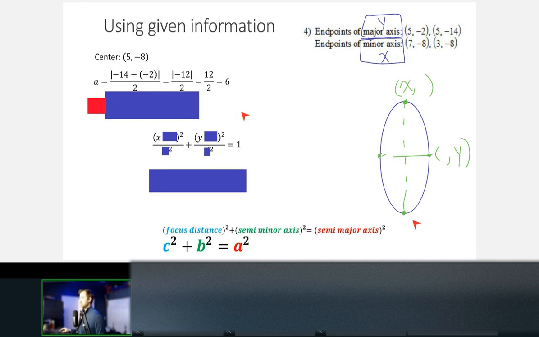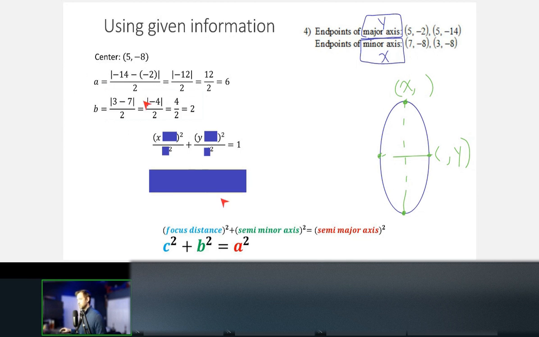All right, and the same thing for the minor axis. The y values are the same, -8 and -8. So we only care about the distance between 7 and 3. Again, I could do the absolute value of 7 minus 3 or the absolute value of 3 minus 7, all over 2, of course. It doesn't matter. Remember, distance is always positive no matter what you get.